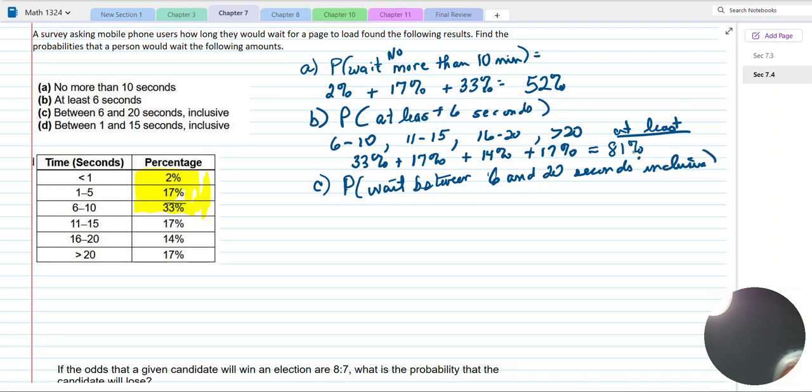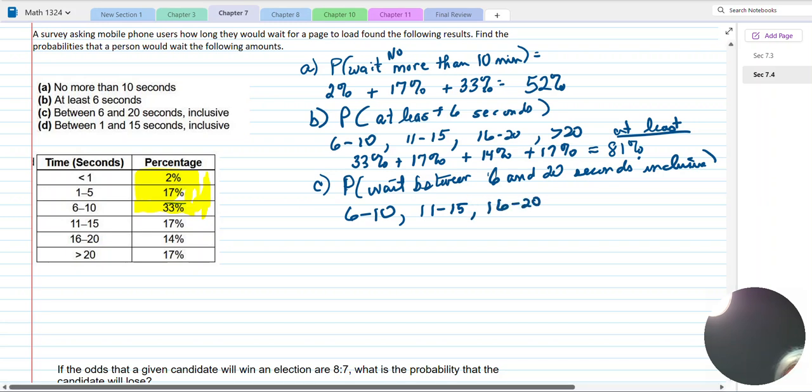So as we look at the chart, we would want the 6 to 10 category. We would want the 11 to 15 category, 6 to 20 inclusive. And then we'd have the 16 to 20. Not any larger because it is inclusive of the 6 to the 20. And that's why we did that.